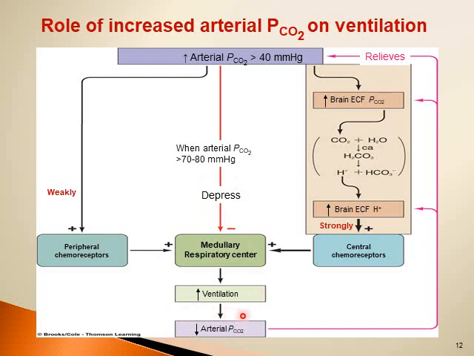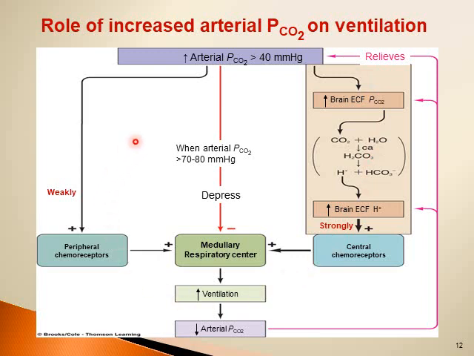Once arterial carbon dioxide partial pressure goes back to the normal 40 millimeters of mercury, this drop will relieve the stimulus of this homeostatic, negative feedback system.